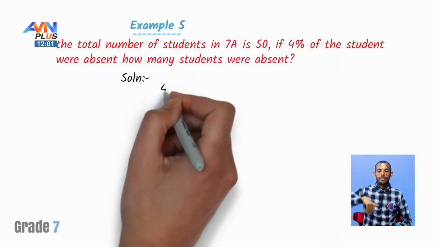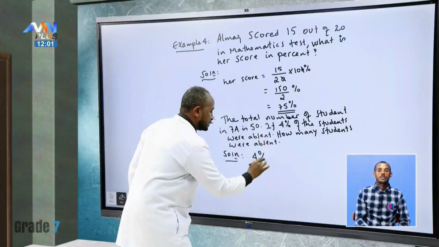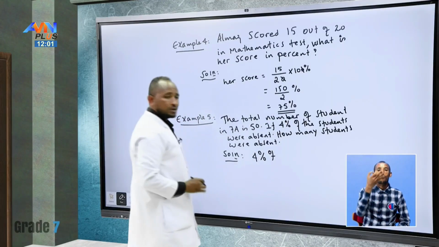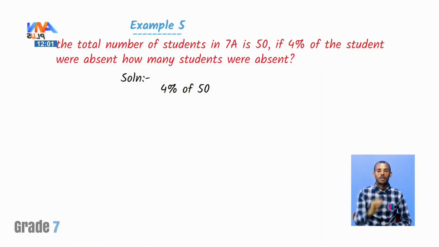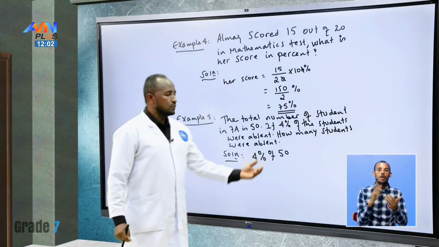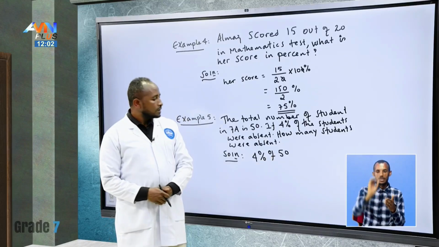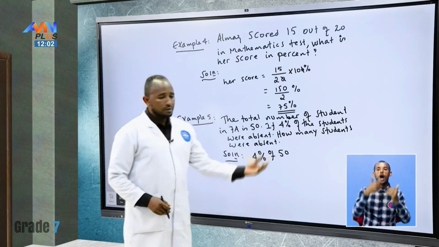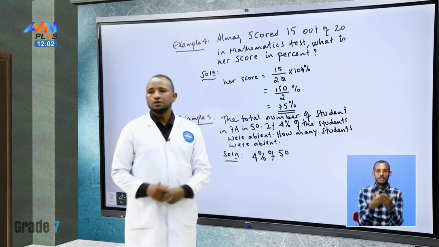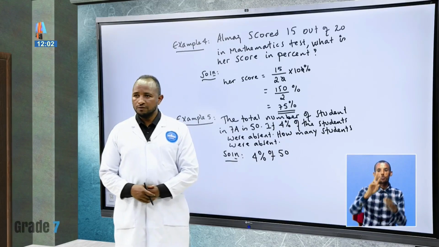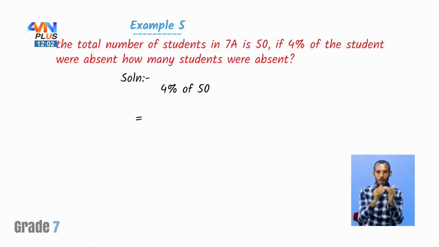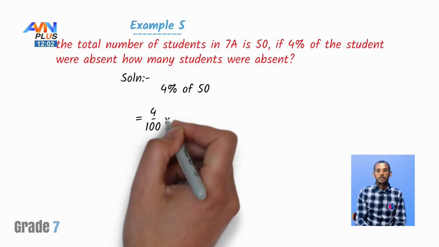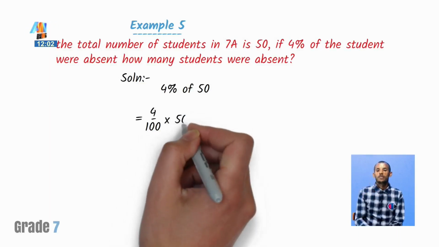This is 4%, therefore 4% of the total students 50 were absent. So simply we calculate this one, 4% of 50. So how do we calculate this? Simply you multiply these two numbers, 4% of 50. Therefore, this is equal to 4% means 4 out of 100, 4 over 100 times 50.